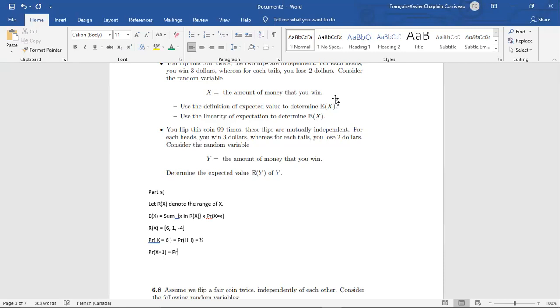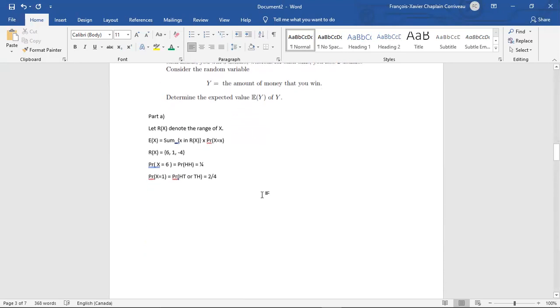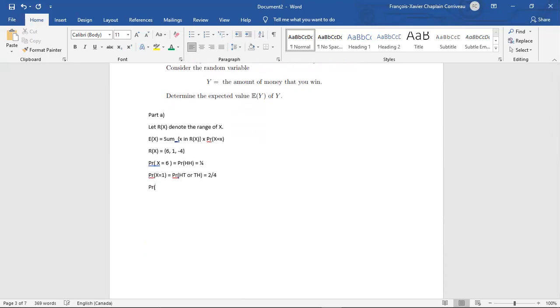If I got 1, it means that I either flipped heads tails or tails heads. That's equal to 2 over 4. Next, the probability that X is equal to -4 is 1 over 4. It's the probability of tails tails.